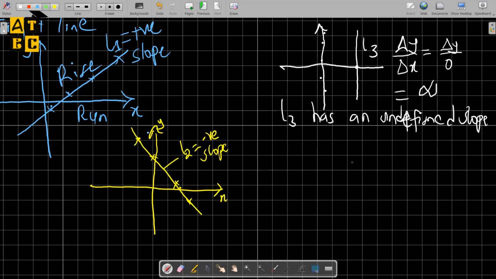Now, let us consider a situation where your graph is parallel to the horizontal axis. So I am going to call this line L4. What can you tell me about this as against the one we did last?